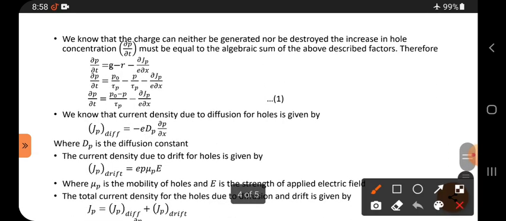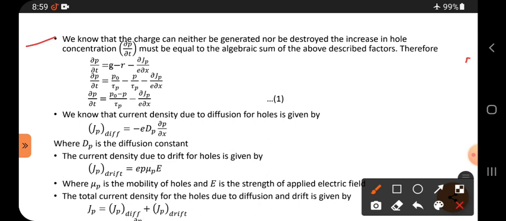Now we know that charge can neither be generated nor destroyed. The increase in hole concentration, dou p by dou t, must equal the algebraic sum of the factors described above. According to the law of conservation of charge, holes are neither created nor destroyed, so the algebraic sum is always the same.